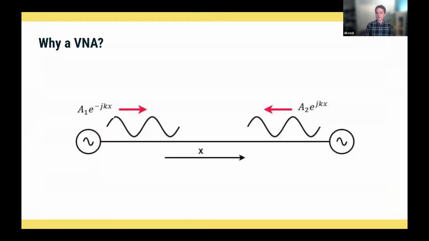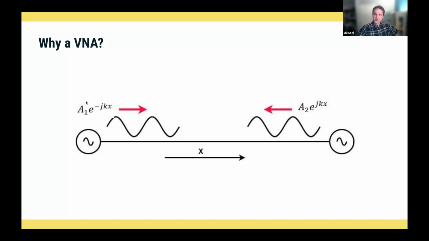So why a VNA? We've got power moving down a line. One of the fun things is that there are two different concepts here, at least when it comes to a wave. We transmit at a frequency like 1.8 megahertz, and we transmit a certain amount of power, 10 watts worth. We have an amplitude, which is the A in this equation.